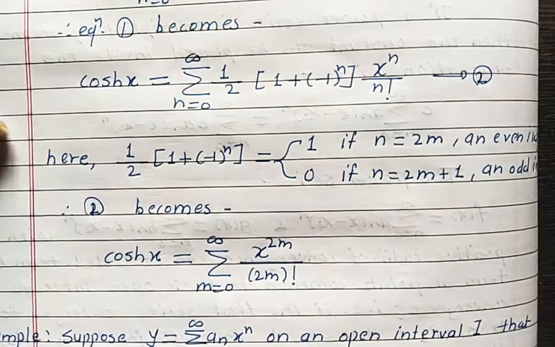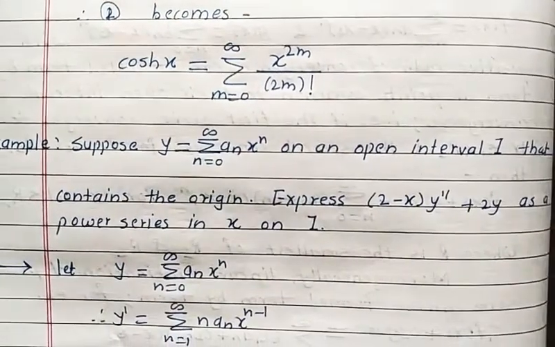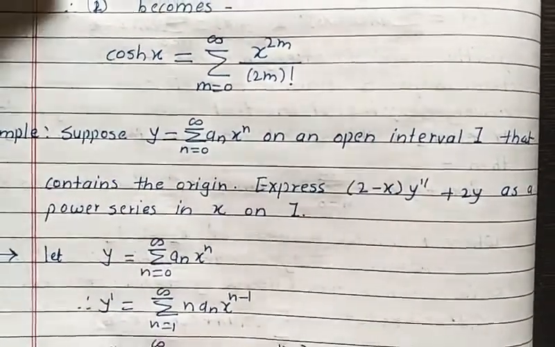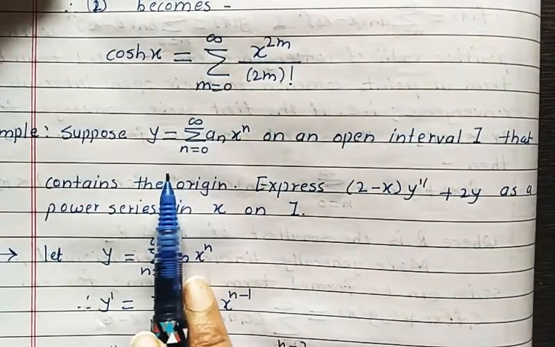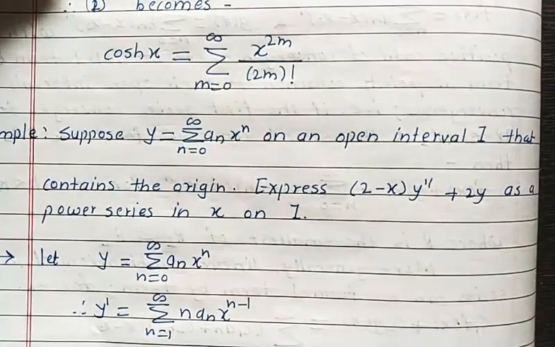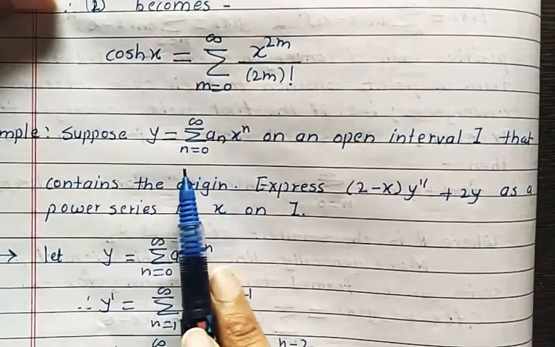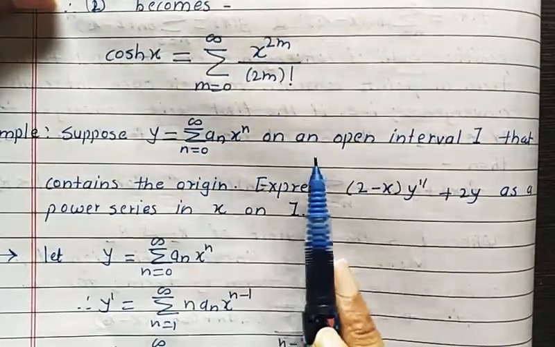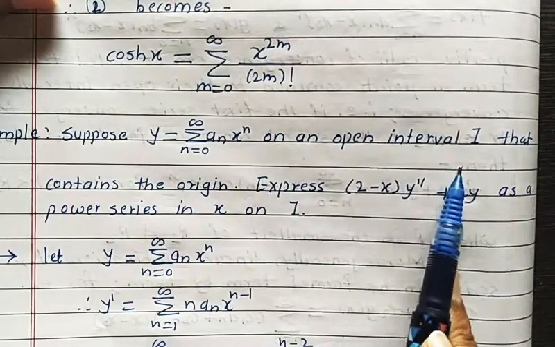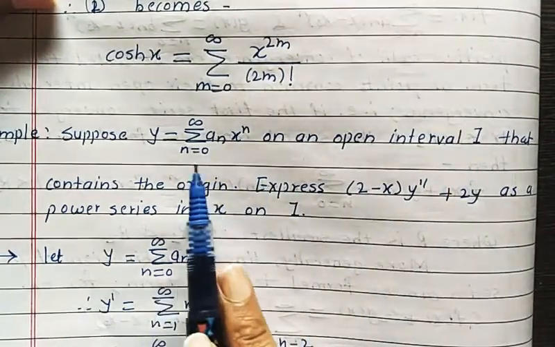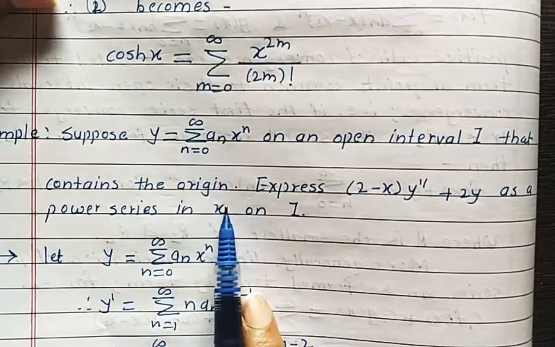Okay, let us solve another example. Suppose y is equal to summation a n x raised to n, n varies from 0 to infinity, on an open interval I that contains the origin. Suppose this power series is given.